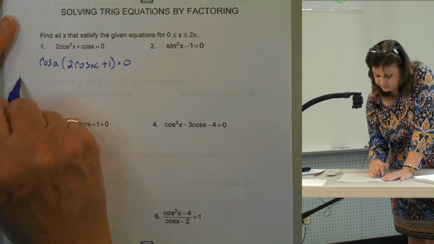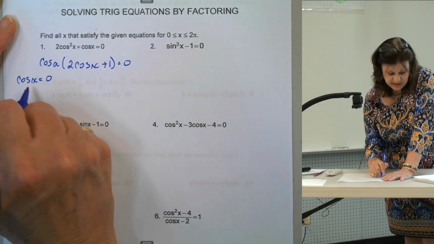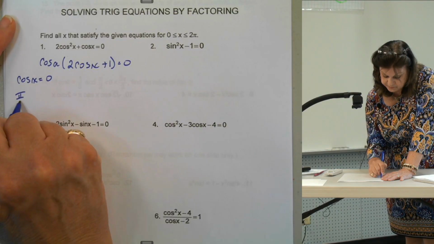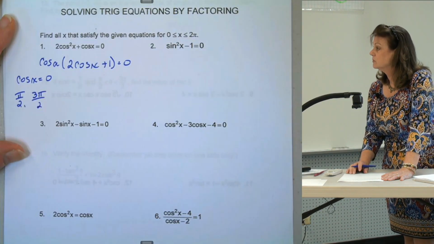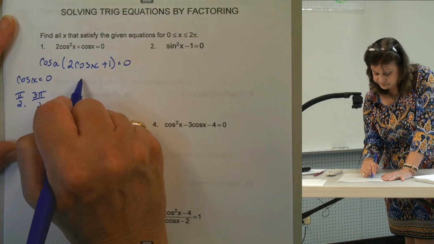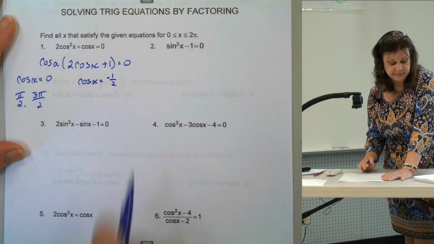I'm going to set cosine x equal to 0, and that's true at pi over 2 and 3 pi over 2. And then I've got cosine x equal to negative 1/2.